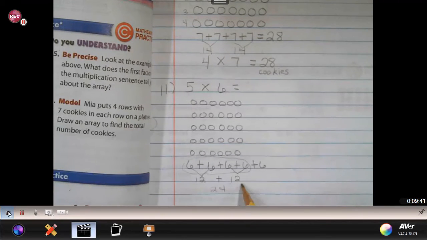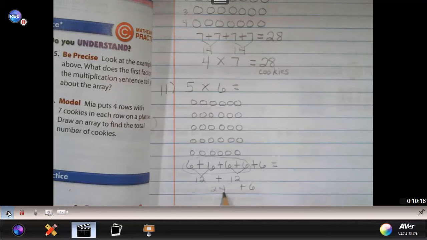And then I need to add 6 more for this group of 6 here. And 6 and 4 makes a new group of 10. So it's very important for you to remember how to make a 10. So we'd have 6 and 4, or 7 and 3, or 5 plus 5, 8 and 2, 9 and 1. Those are some really important facts to remember in your addition, especially since when we do make a new 10, we regroup that 10 to make a new 10 here in the tens place.